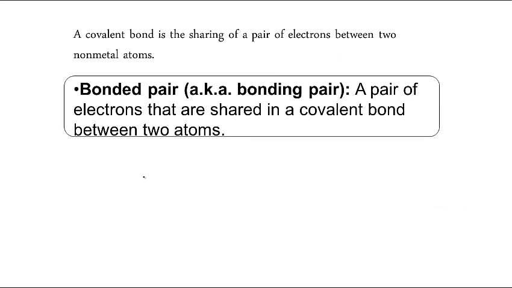So we're going to talk about two types of pairs. Remembering that a covalent bond is the sharing of a pair of electrons between two nonmetal atoms. That's the definition of a covalent bond. So in Lewis structures, we have a bonded pair. And this is a pair of electrons that are shared between the two atoms. So let's go back and we'll do our molecule that we were looking at before.